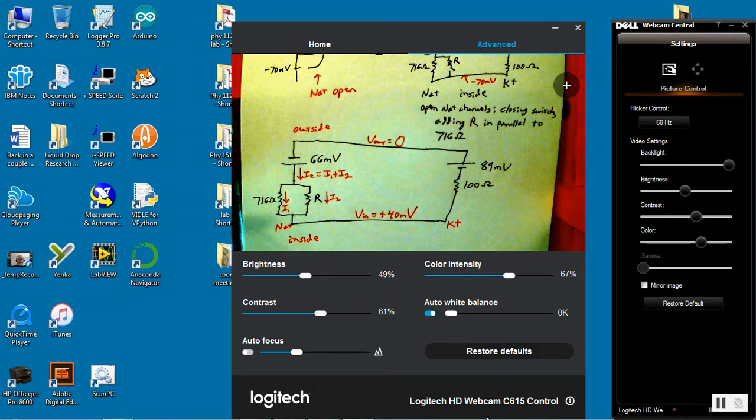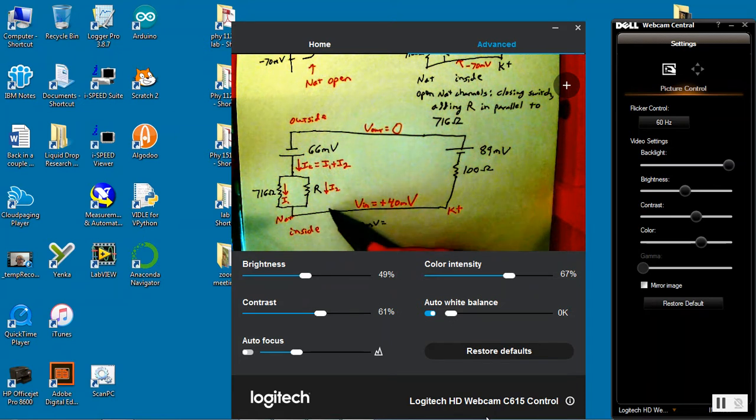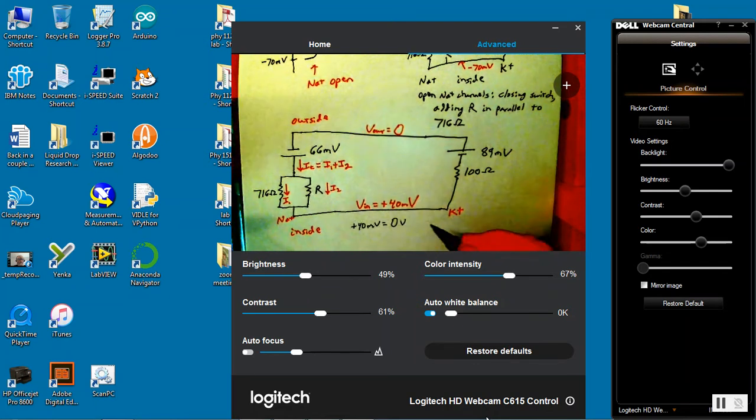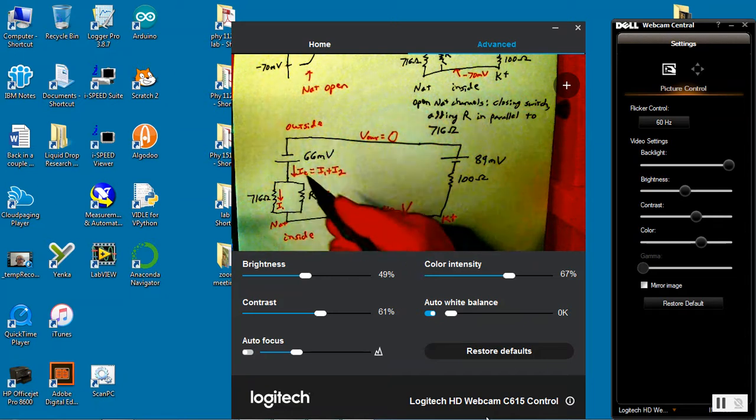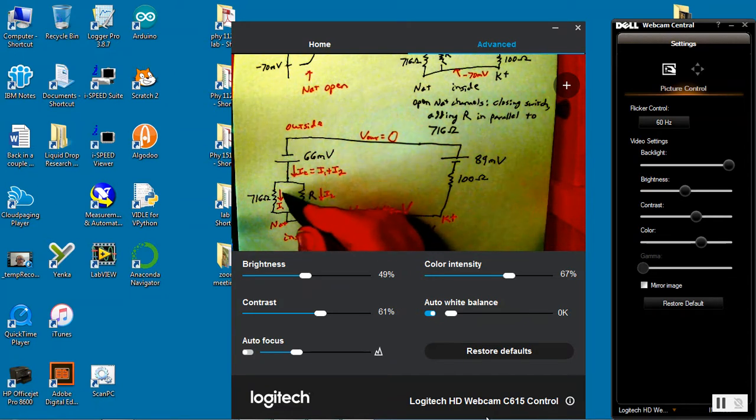Writing it in terms of potentials, we end up with 40. We start here at 0. We increase by 66 when we go from the negative to the positive of the battery. And then, since we're going in the direction of current, this is a drop.